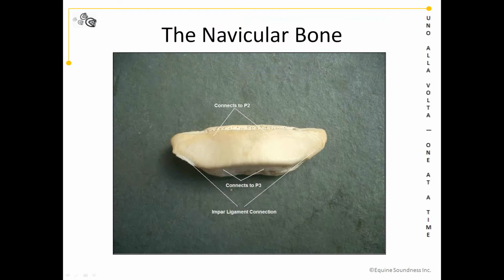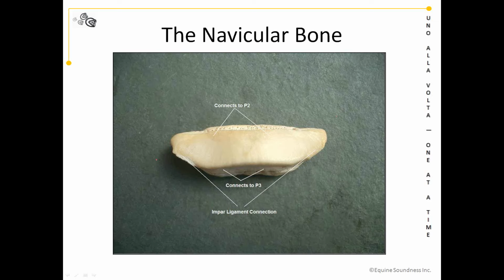So much about the coffin bone. And now we have this little nasty navicular bone that is so much talked about and is so much blamed for all kinds of inconsistencies in gaits. So here we have such a navicular bone.